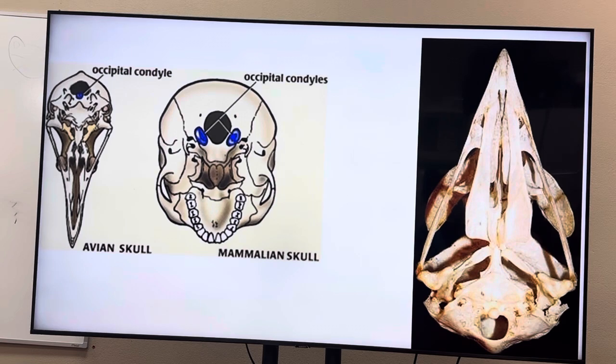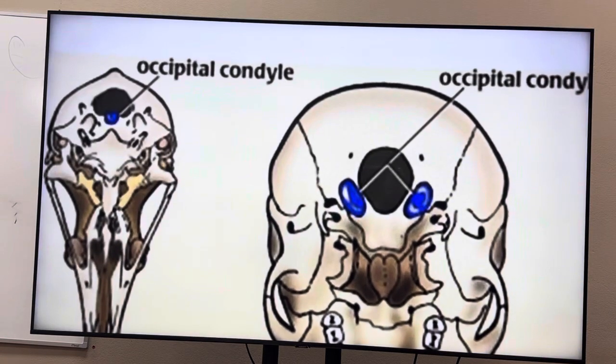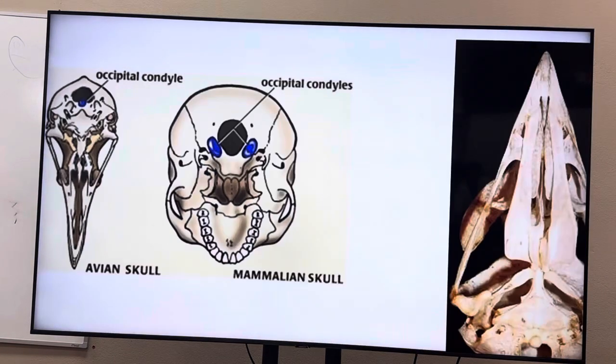So the occipital condyle, we have seen that we have two, or paired, in mammals, but in the bird we have one occipital condyle.